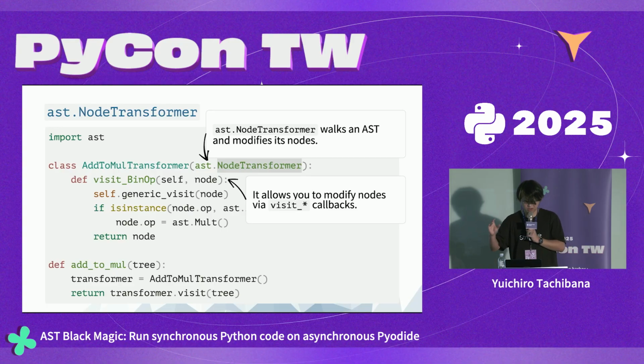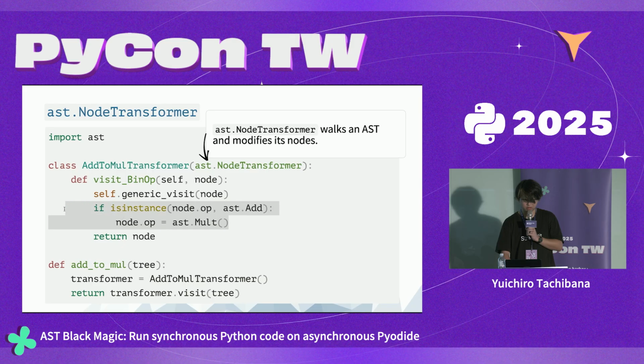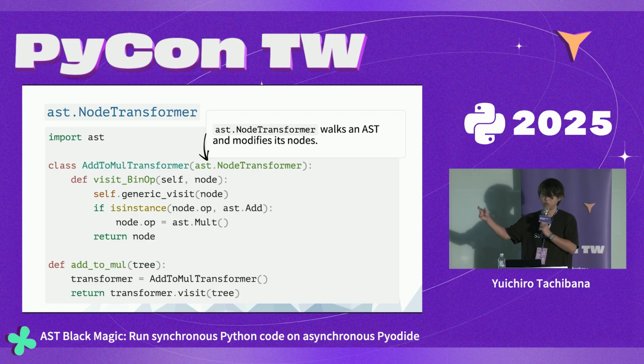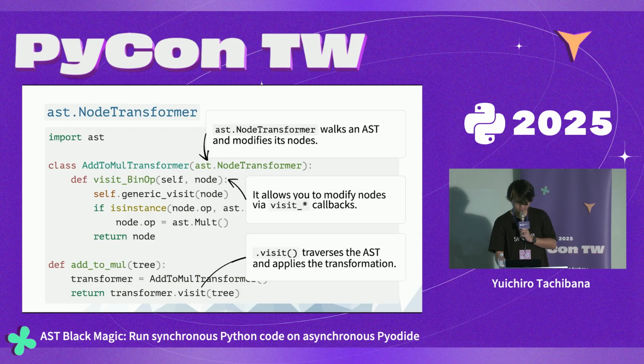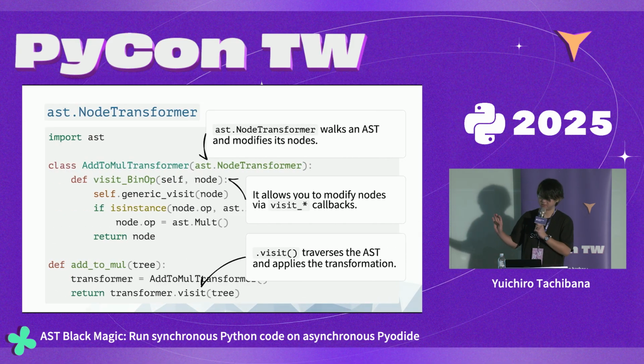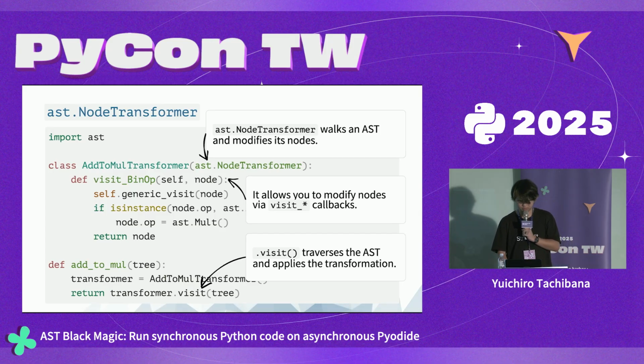You can add any modification onto the node. That is, in this case, I've defined this logic so that if the reached node has an operator of type Add, I would like to replace it with Mult, meaning multiplication. This is going to result in replacing all additions with multiplications. All right, this is how you can define your own custom AST transformers.